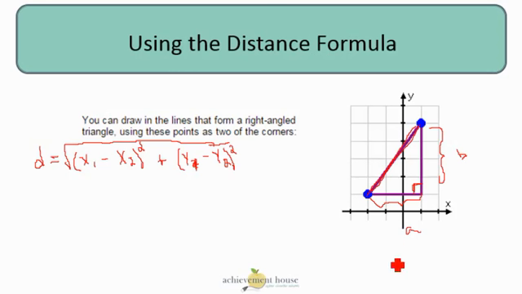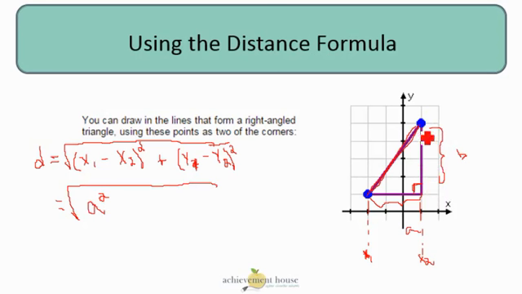Now, we already said this is my x1, and then I go over to x2, so that's where I'm going to put A. So the length of side A is x1 minus x2, so I have A squared.